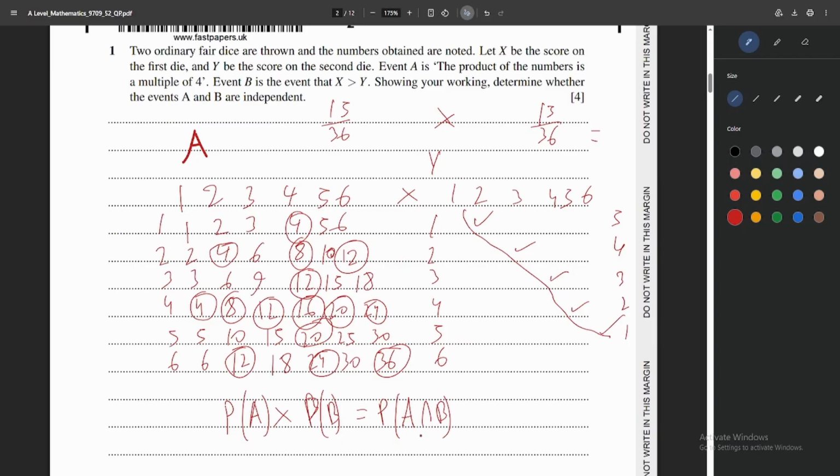How do we check the P intersection of A and B? We just simply see where both of these are true at the same time. We just have to check these numbers. So everything above this line, this number should have been skipped.